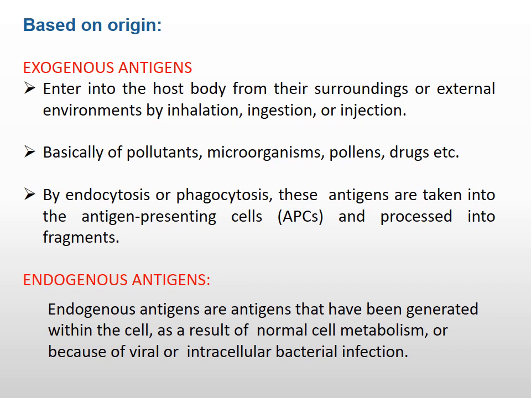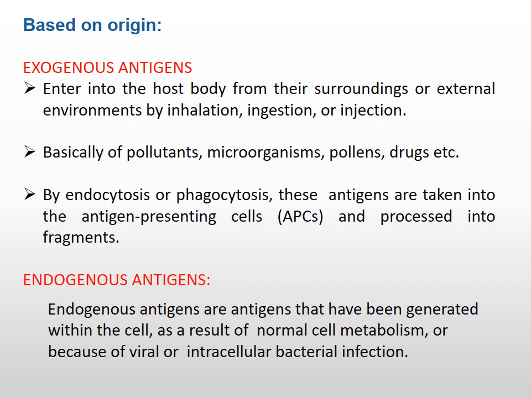Whereas endogenous antigens are generated within the cell. How? They are generated within the cells of our body as a result of normal cellular metabolism or because of some viral or intracellular bacterial infection.